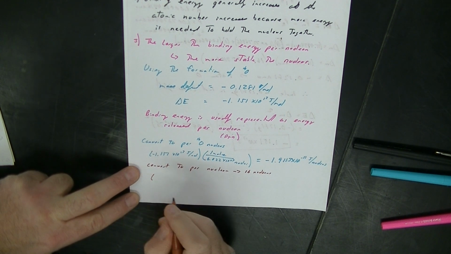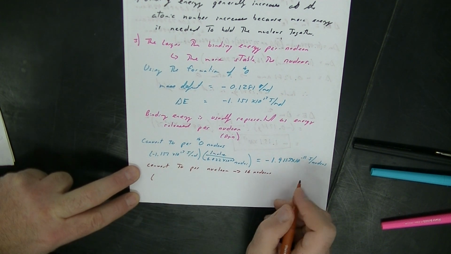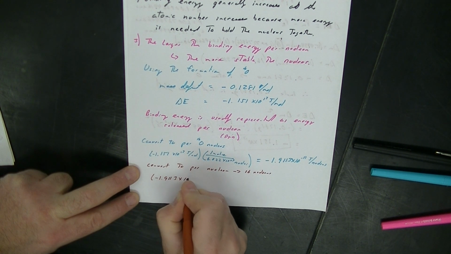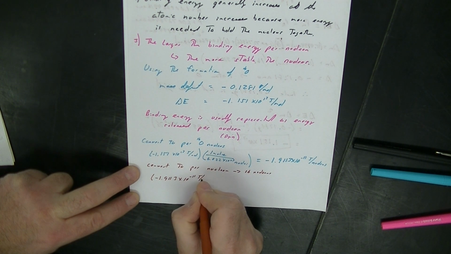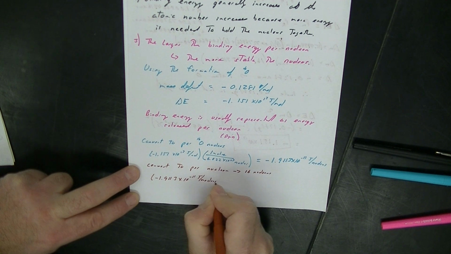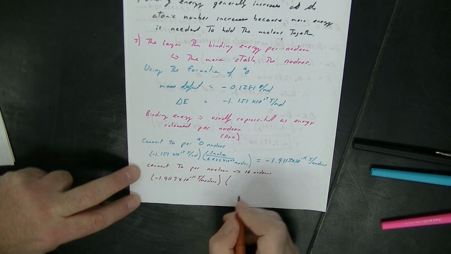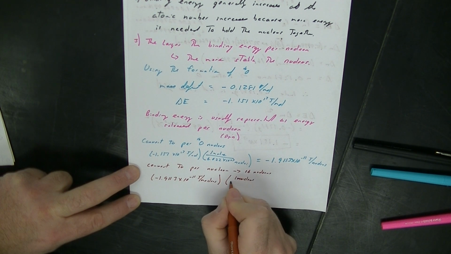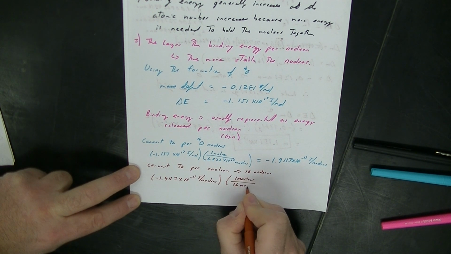So we take our per nucleus, negative 1.9113 times 10 to the minus 11th joules per nucleus. For every 1 nucleus, we have 16 nucleons.